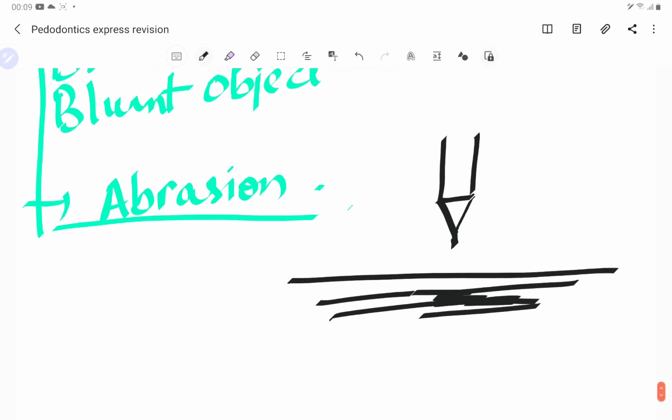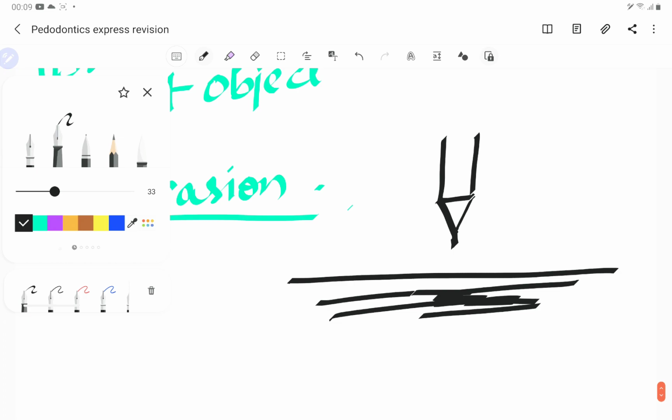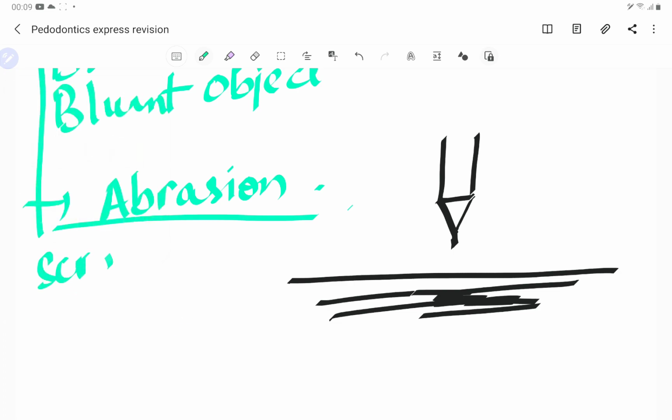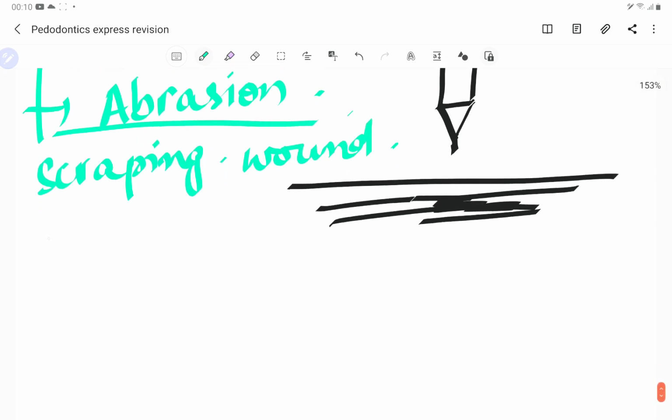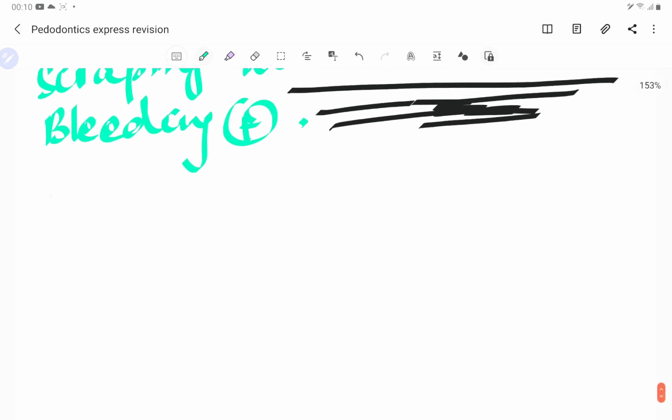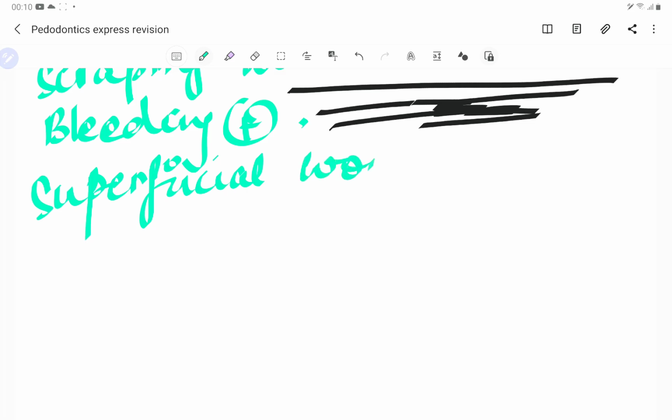So these are the scraping wounds. Wounds from the scraping or rubbing, you can say, on the mucosa. There can be bleeding also, depending on how much the injury is. So there are superficial wounds which we see.